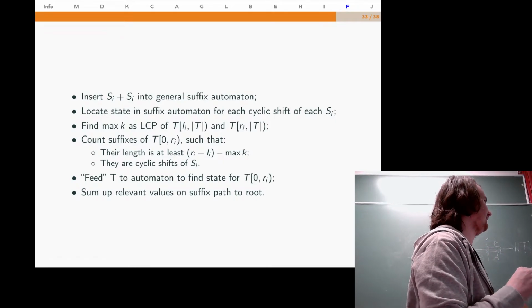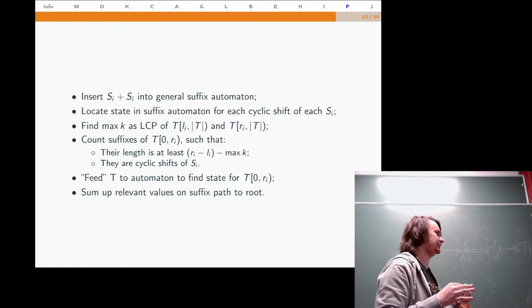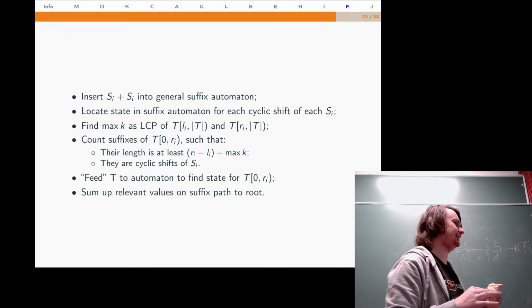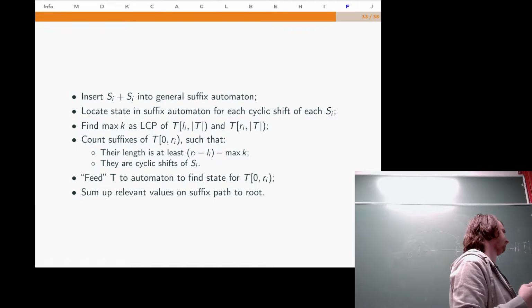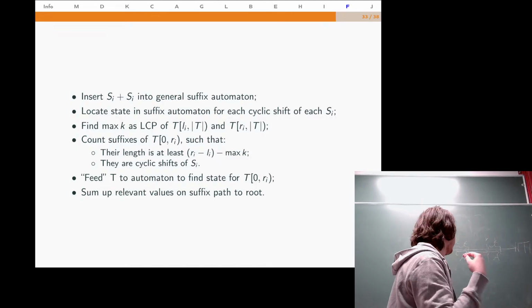In any case, after that we will be able to locate every state in the suffix automaton for every cyclic shift of each Si. So how do we do this?